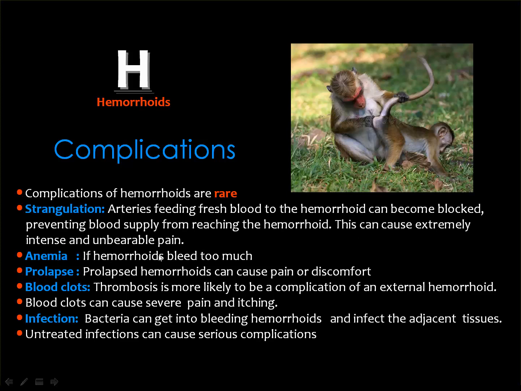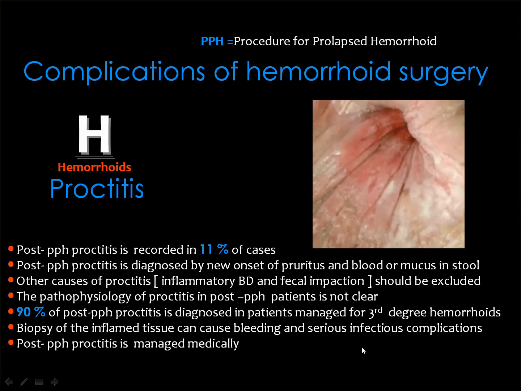Then anemia may result from too much blood loss. The hemorrhoids may prolapse and cause pain and discomfort, blood clots, and infection. Then infection needs serious management or intensive management because of the serious complications.